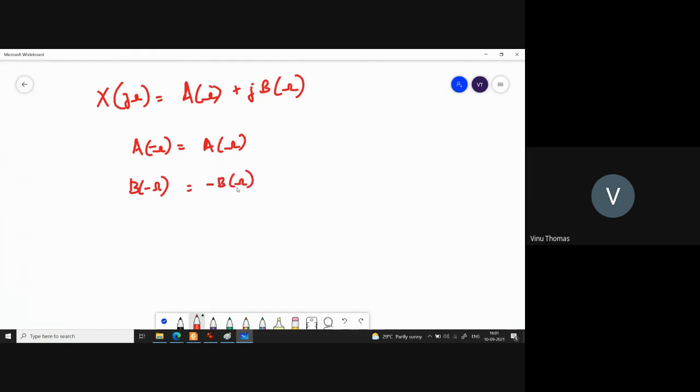This is a fallout of the conjugate symmetry of X of j omega. It's easy to prove.